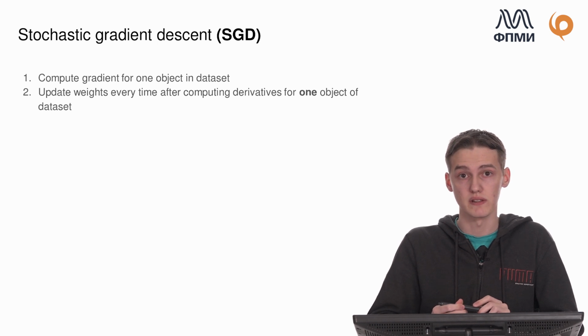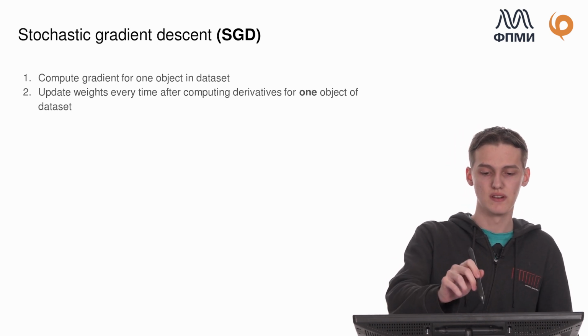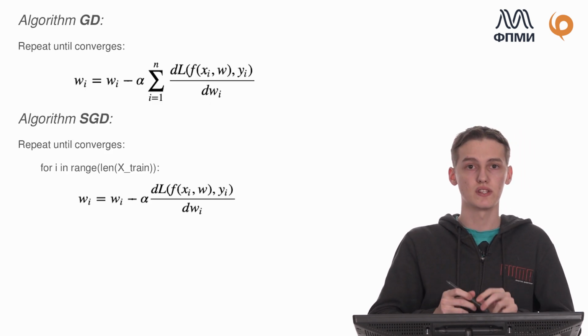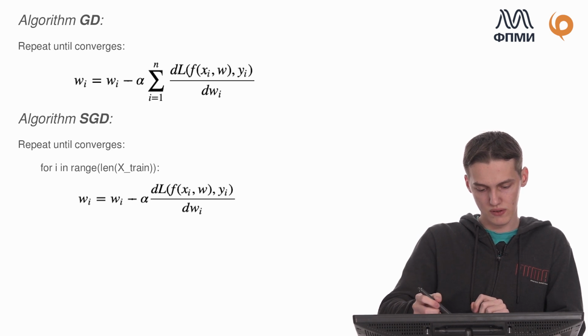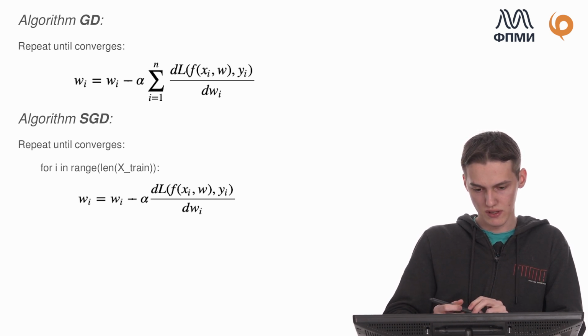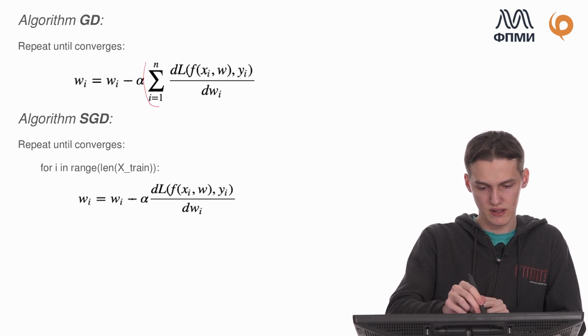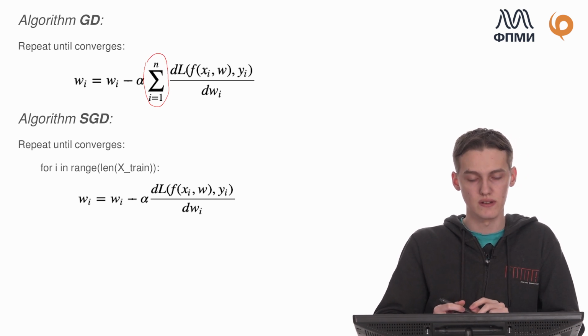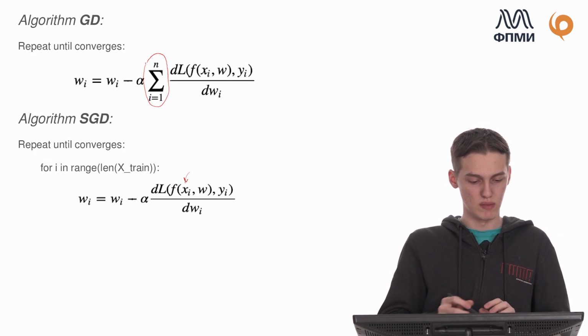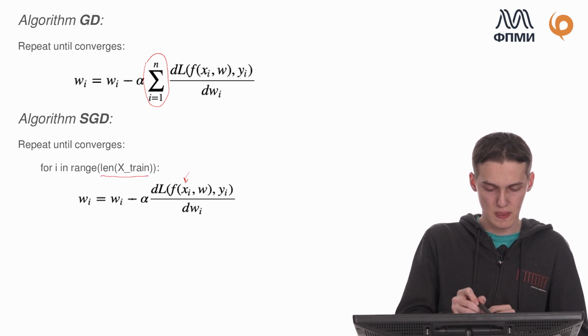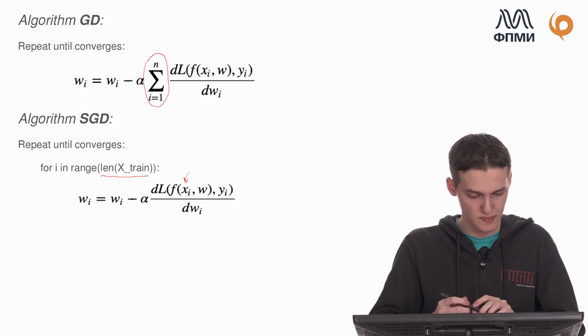It will be rather bad, but there is some advantage of this algorithm. The difference you can see here is only in this sign. For gradient descent, and stochastic gradient descent, it's computed only on one instance, but for several times.